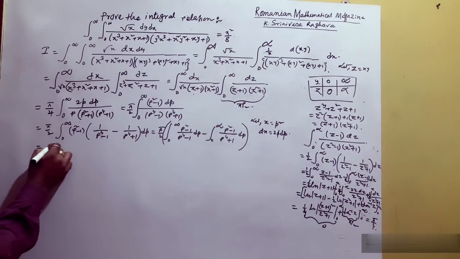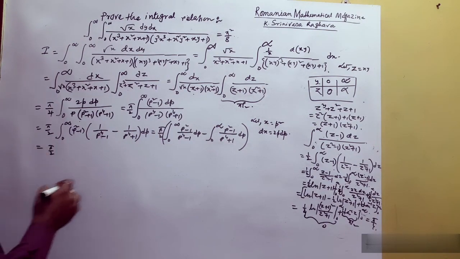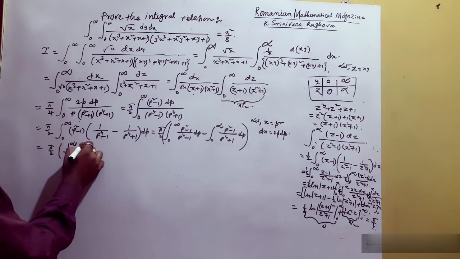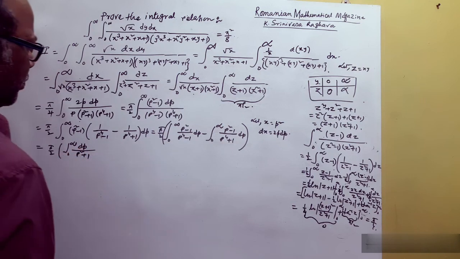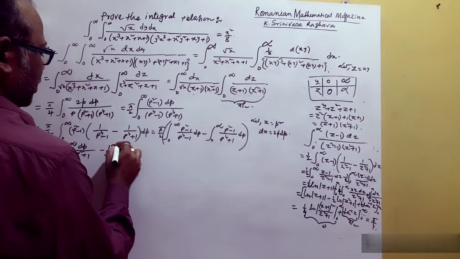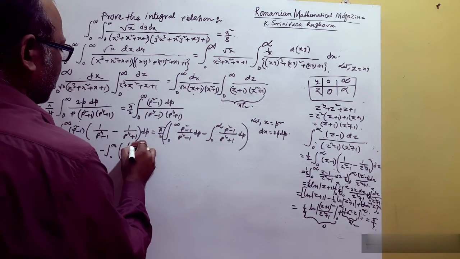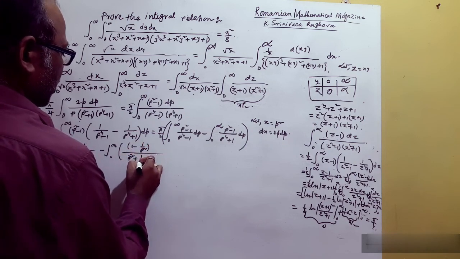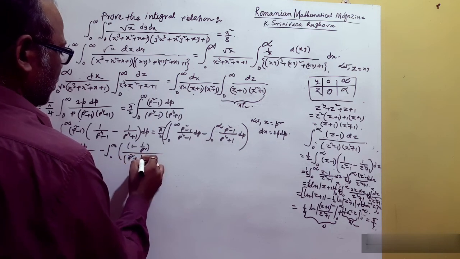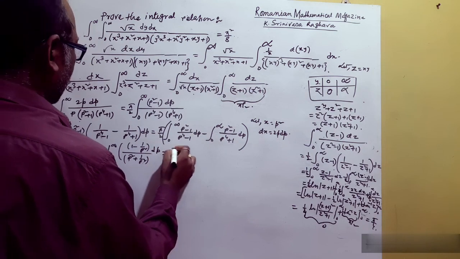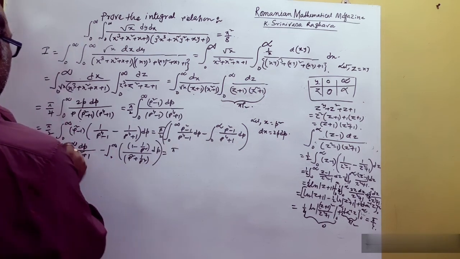Okay. Now this is pi by 2. For that, this is 0 to infinity, dp by p square plus 1. Okay, and for that 0 to infinity, divided by p square, then 1 minus 1 by p square, so this is p square plus 1 by p square, and this is dp. This is pi by 2.